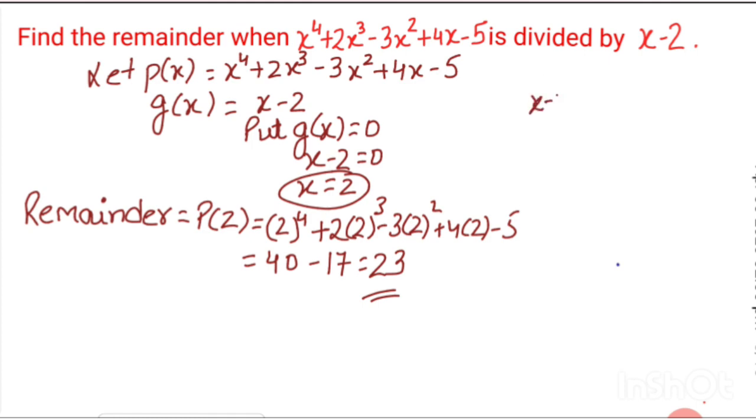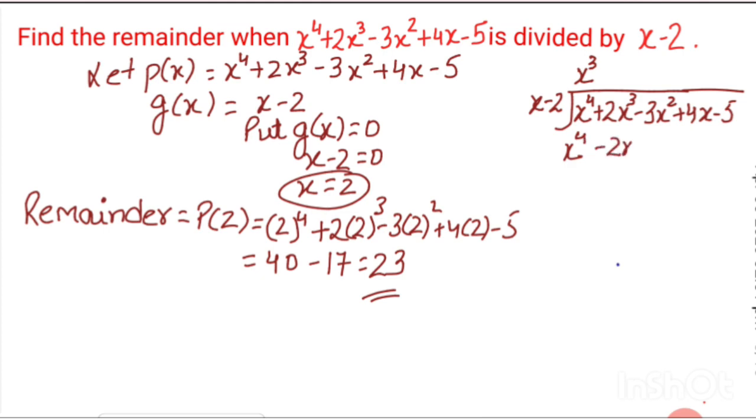x minus 2 is the divisor, and the dividend is x raised to power 4 plus 2x cube minus 3x square plus 4x minus 5. Okay, the first term of the quotient will be x raised to power 4 divided by x, that is x cube. So multiply x cube with the divisor, x raised to power 4 minus 2x cube.